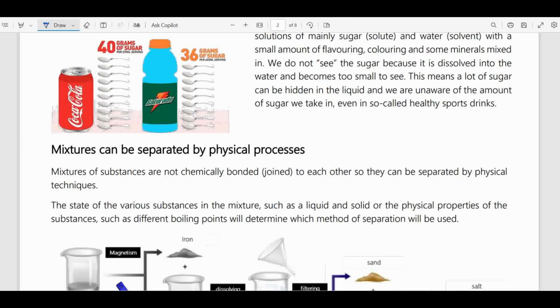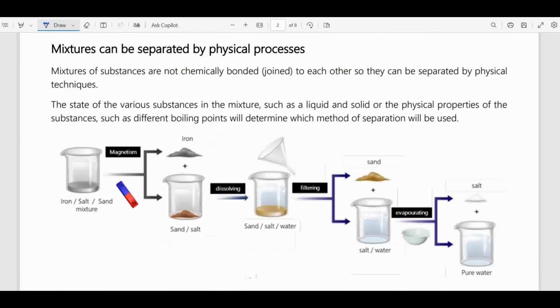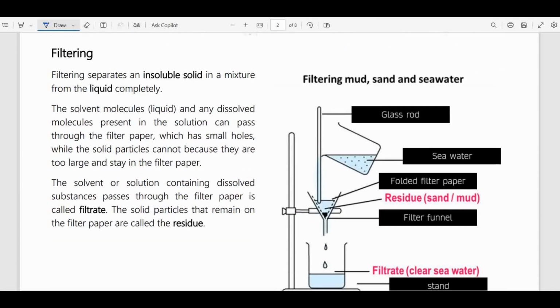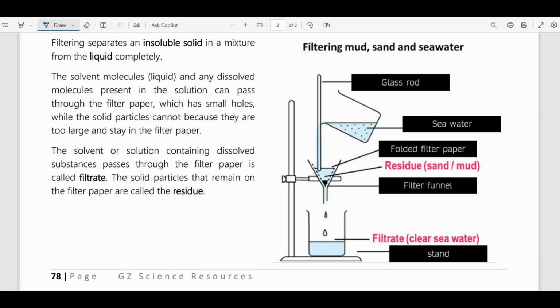So what does this filter look like? This is a filtration process. You all have this in your chemistry textbook. If you want to filter seawater, you can have a glass rod and a folded filter paper.